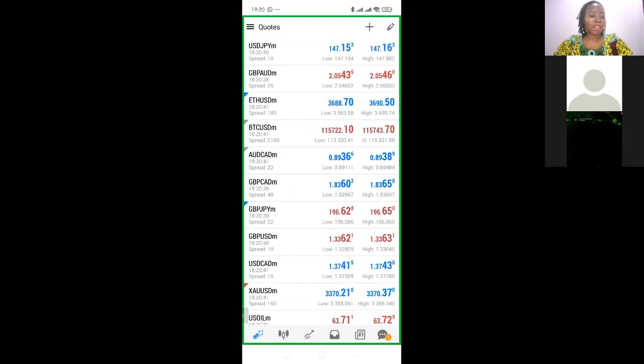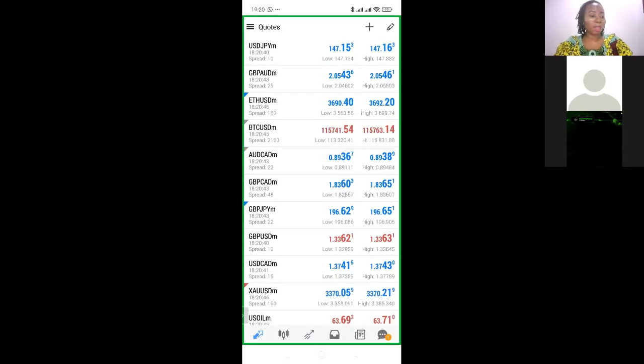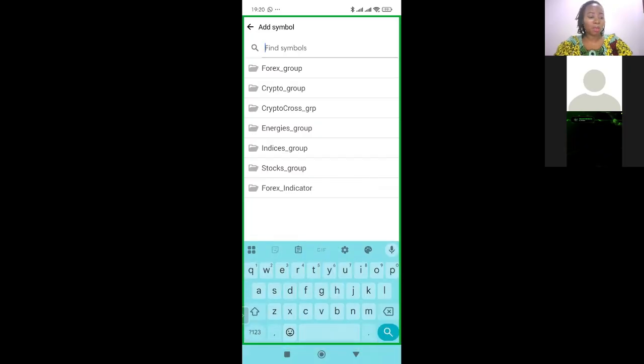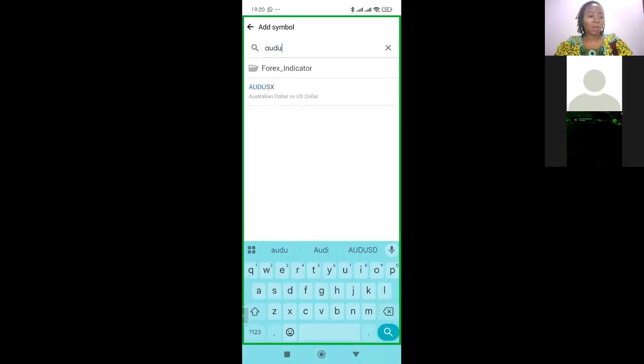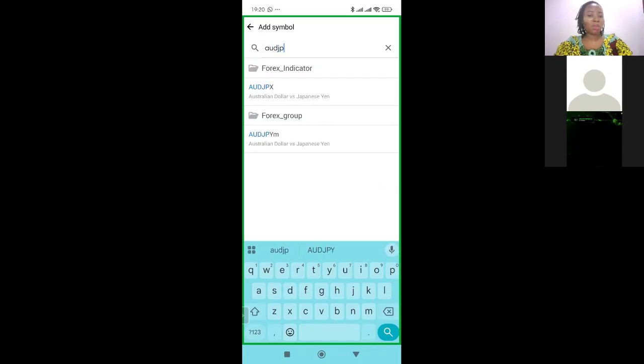If you want to add something that is not there, for instance, if you click plus, let me say I'm looking for AUDUSD. I've already added it. Let me say ADJPY, so I can click on it. Once it pops up, you click on it and it will be added.